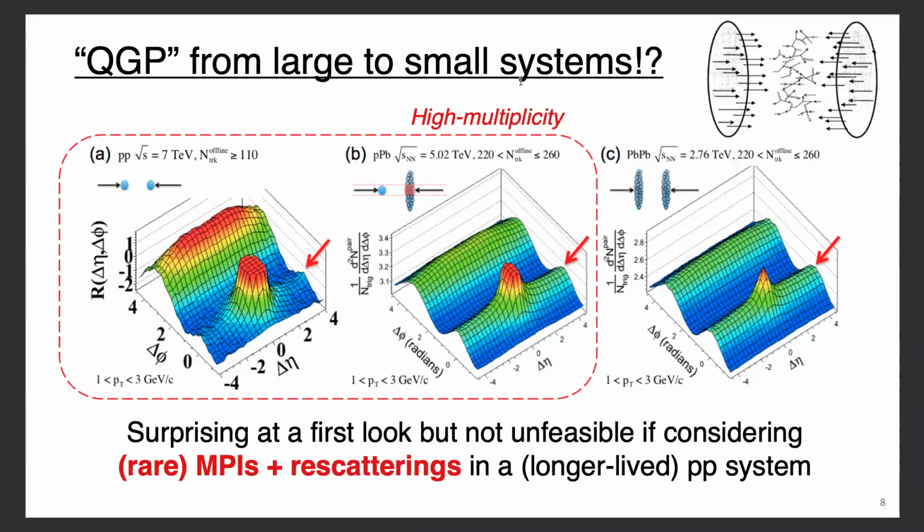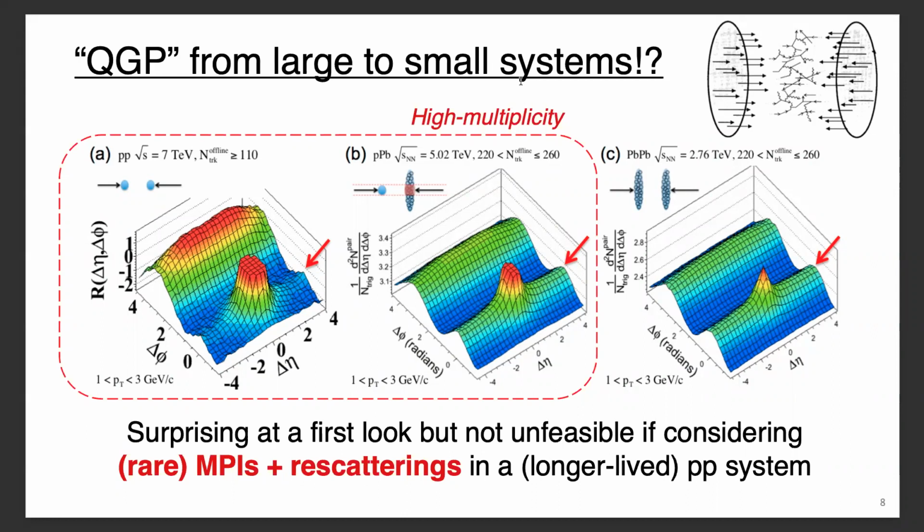But now, if you think about the fact that you can also make a small system much denser, in those systems you can also have multi-particle interactions, and they can rescatter from each other. So you can apply this picture in any system, regardless of the size. Right? In this picture, there's no absolute scale.